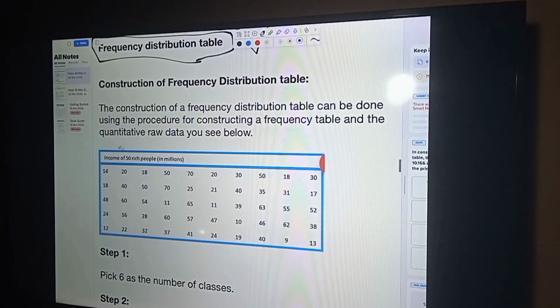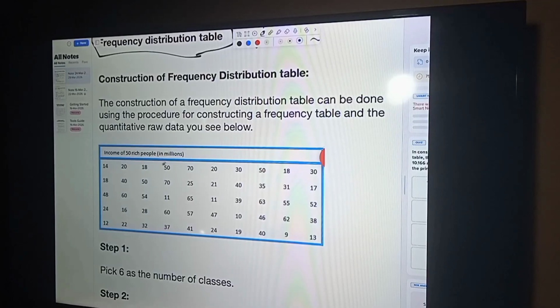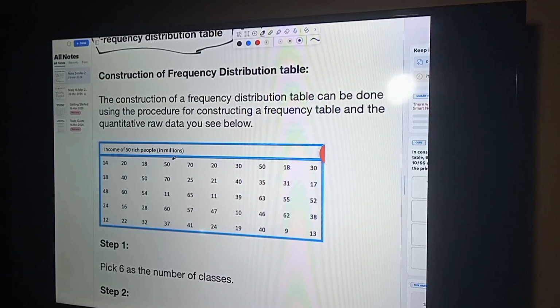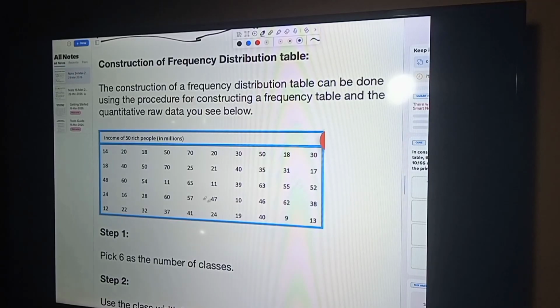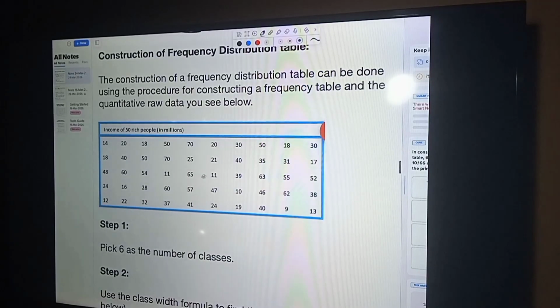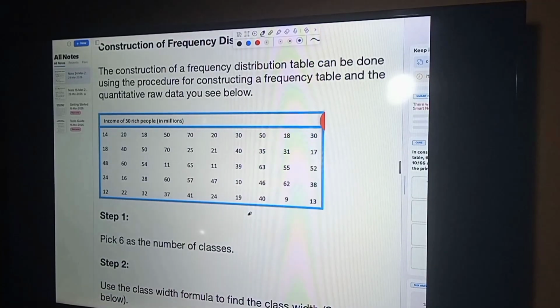So here is the raw data. This data is about the income of 50 rich people, and the income is in millions. So 50 observations are here. That is, a researcher asked 50 different people about their income.